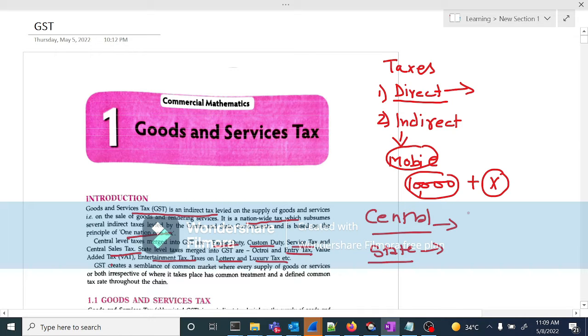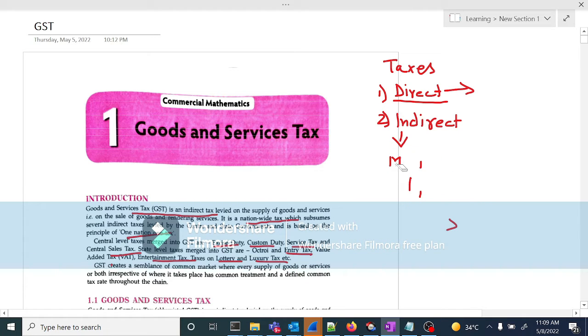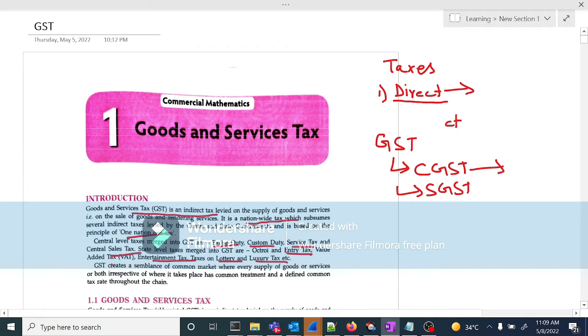Now what government did, government removed all those taxes and came up with a single tax, that is GST. In this GST we had two components, that is CGST and SGST. CGST is the portion which goes to central government and SGST is the portion which goes to state government.